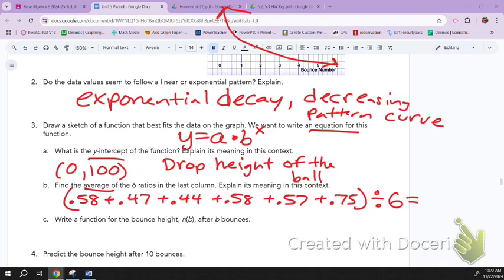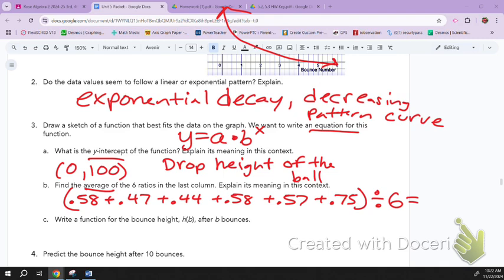0.67. Uh-oh. I'm hearing lots of different numbers. Once you add them all up, divide by 6. 0.56. Let's see. Everyone's calculating. Let's make sure we're getting the same number. We're going to add those all up and divide by 6.